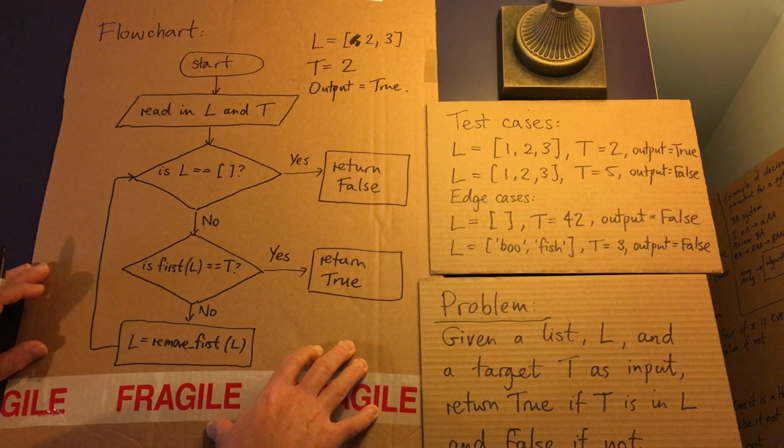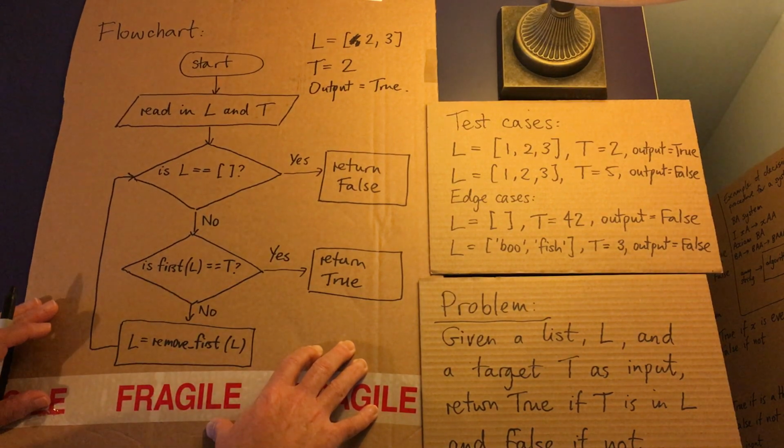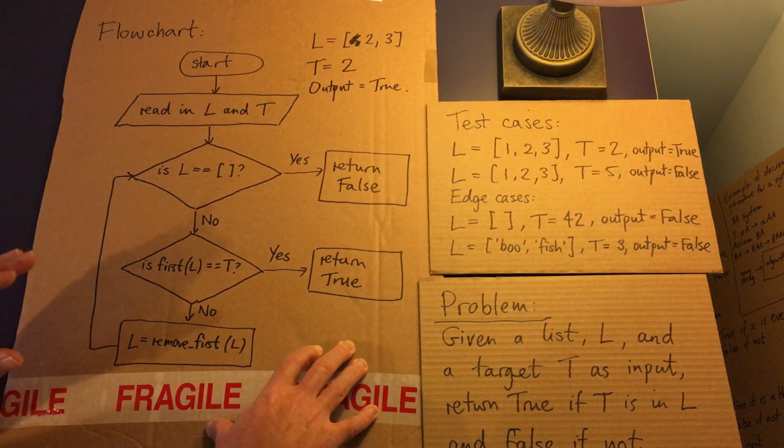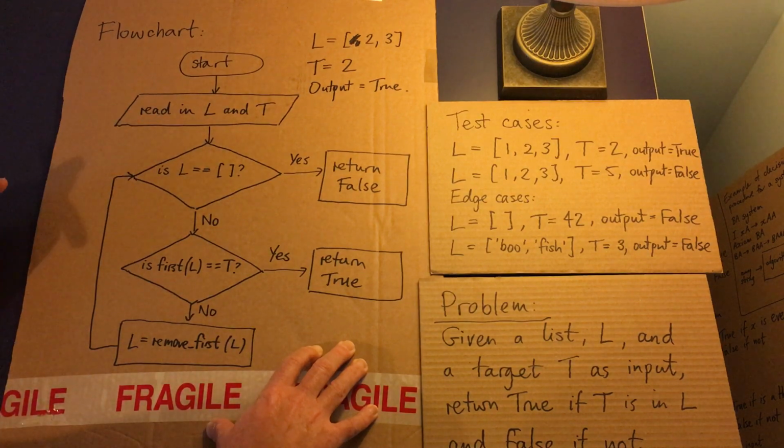If they can't understand your banter in the algorithm, then rephrase it. But they're not allowed to ask you any questions along the way. They can't say, what does this mean? Or how do I do this? If they don't understand what it's doing, if they don't understand what a double equals is, maybe rephrase it. Or maybe they will understand what a double equals is, in which case you're fine.